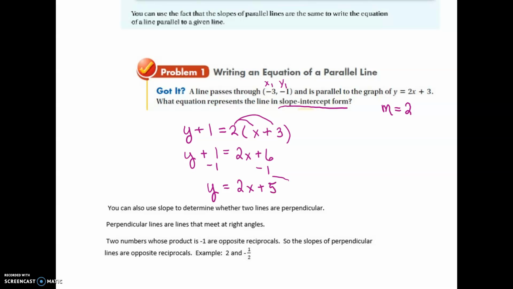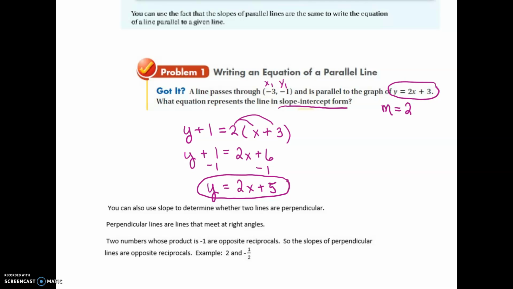So this equation is parallel to this equation, but we can see they also have different y-intercepts. And we know that this line, if we were to graph it, would go through this point. So just using what we've learned so far, but also applying it to parallel lines.